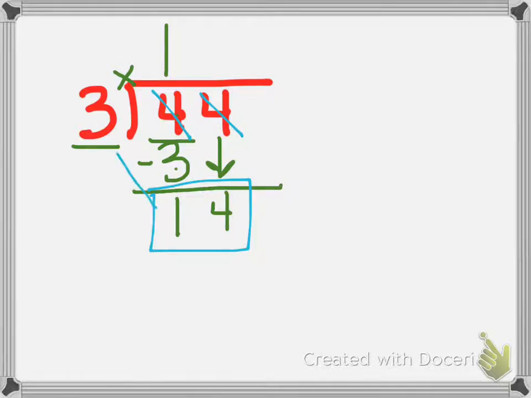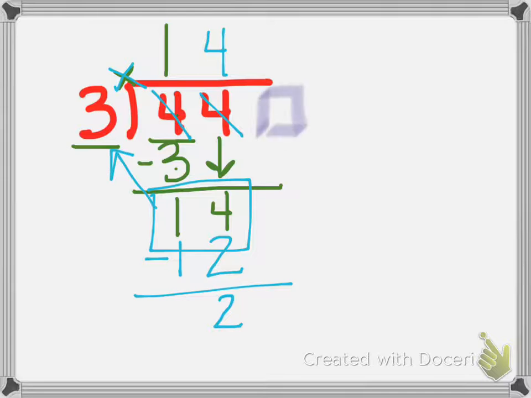14 divided by 3. I'm going to count by 3s until I get to 14. 3, 6, 9, 12. My fingers show that I counted 4 equal groups. Mother's ready to multiply 4 times 3. She knows 4 times 3 is 12. 14 minus 12 equals 2, says Sister.